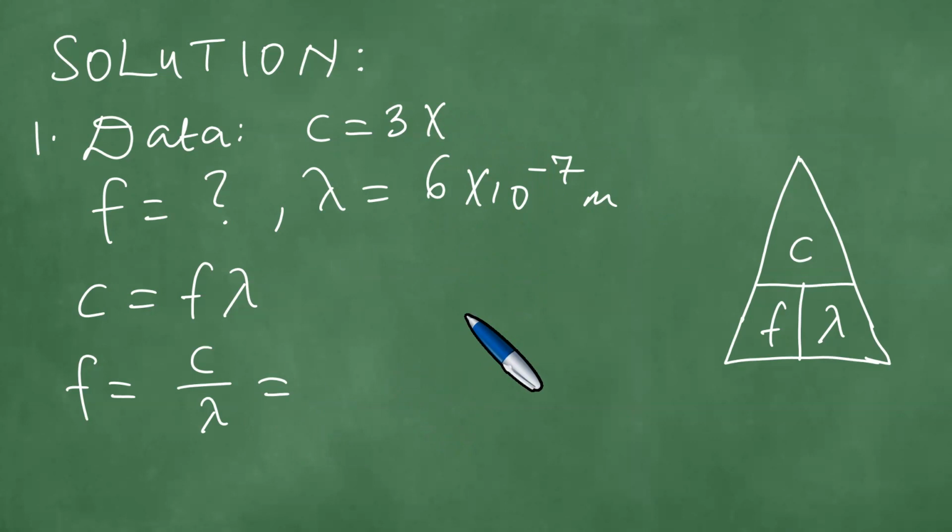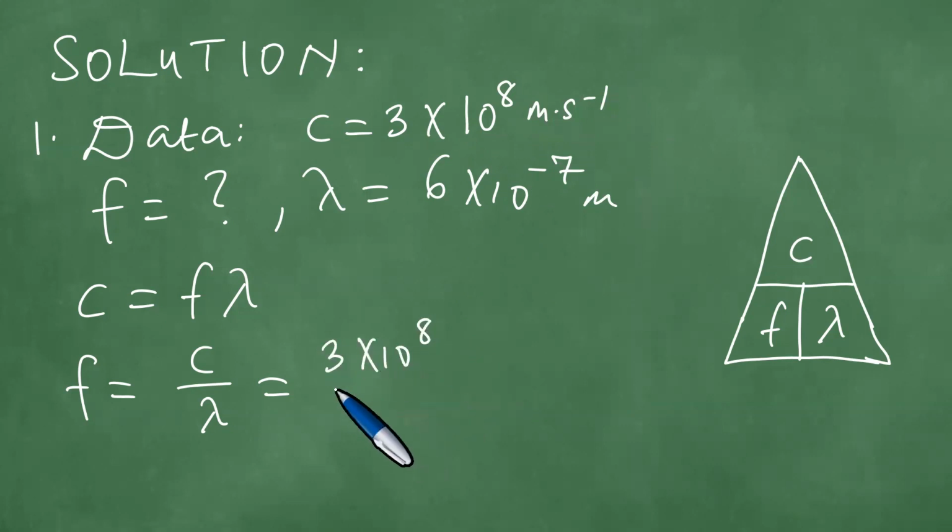So we continue. We know C is 3 times 10 to the 8th power. Lambda is 6 times 10 to the minus 7 meters.